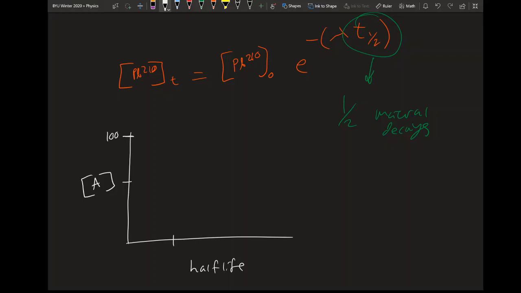At 1 half-life, half of the material would be gone, so you'd be down to 50. But then in 2 half-lives, half of the 50 would be gone, so we'd be at 25.